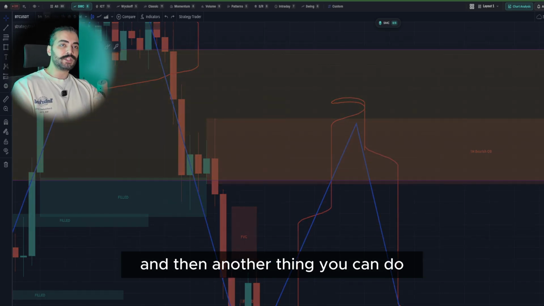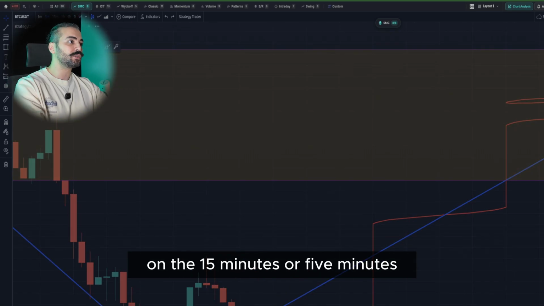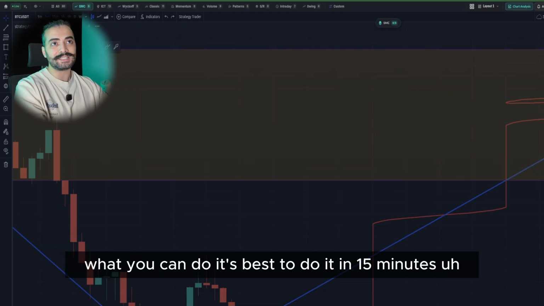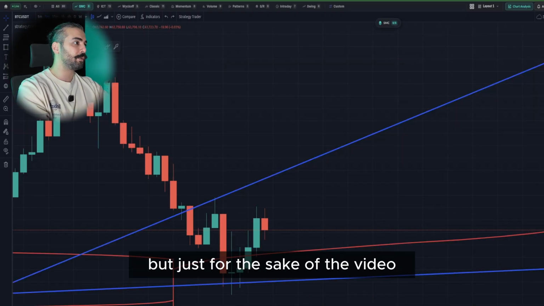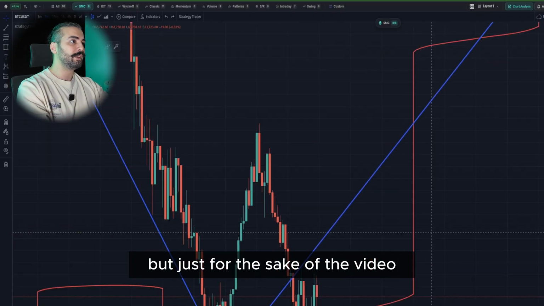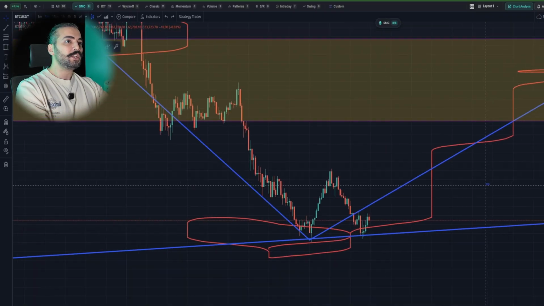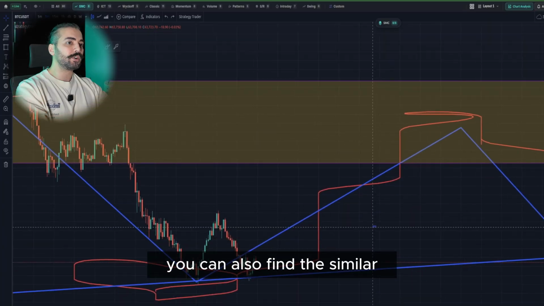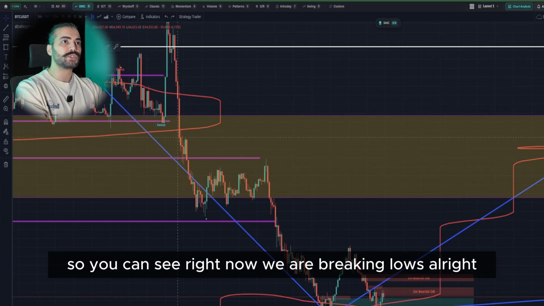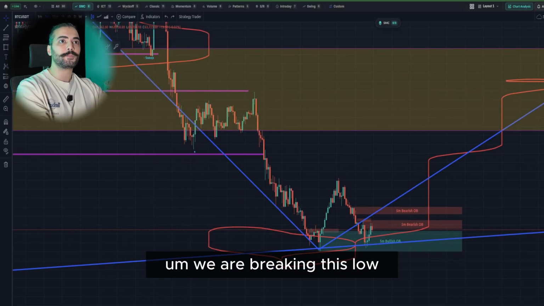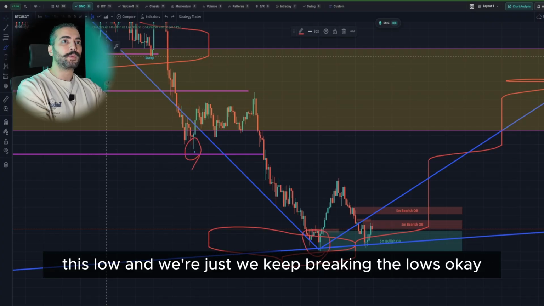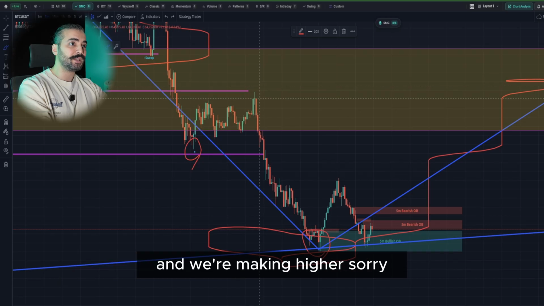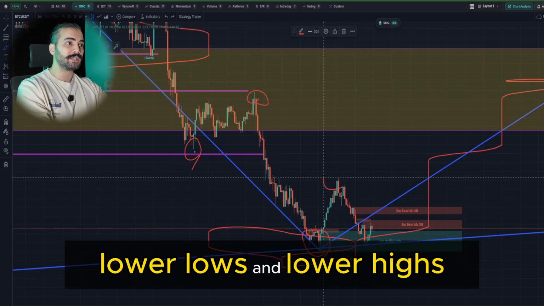And another thing you can do, which is best done on the 15 minutes or 5 minutes, and just for the sake of the video I'll do it in the 5 minutes. You can see right now we are breaking lows. We are breaking this low, and we keep breaking the lows, making lower lows and lower highs.